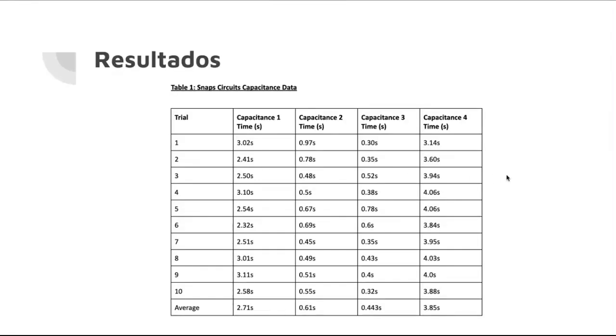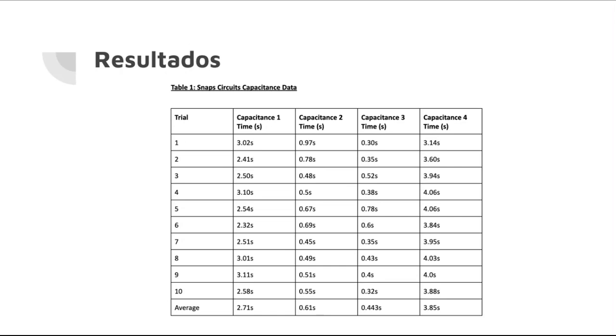For our results and table for the 4 different types of circuit setups, the experiment showed how adding capacitors in parallel and series arrangements affected an LED's behavior in relation to the circuit's total capacitance. The LED stayed on a little bit longer in part 1 for capacitance 1 because a second 100 microfarad capacitor was added in parallel, increasing the total capacitance to 200 microfarads.